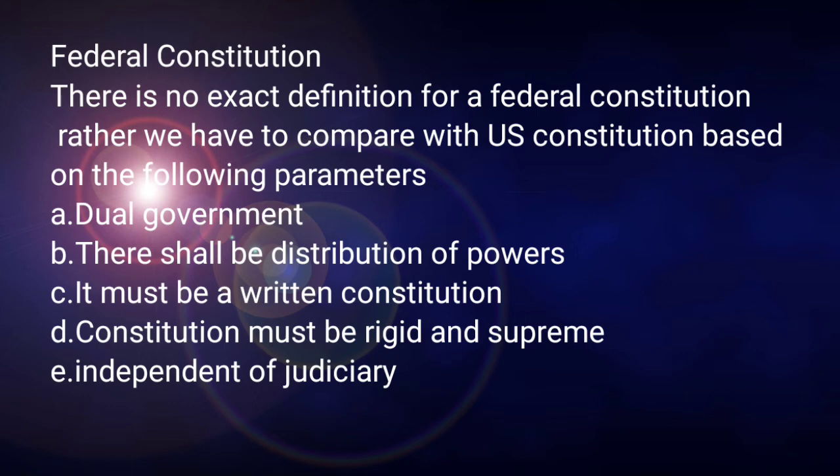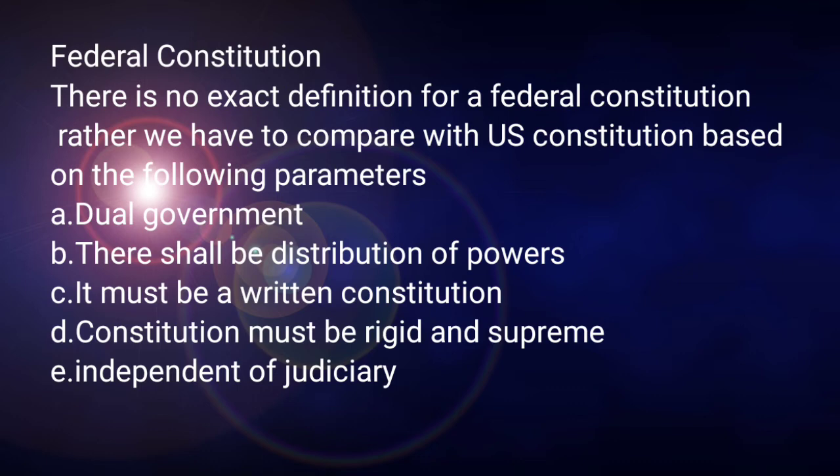If we take the example of the US, there is a federal government which is situated in Washington, and the US has 50 states, and each state has its own state government, like the state government of California, the state government of New York. So every state has its own state government.